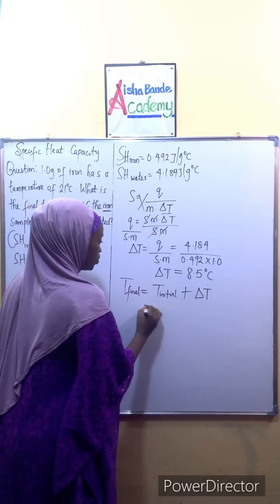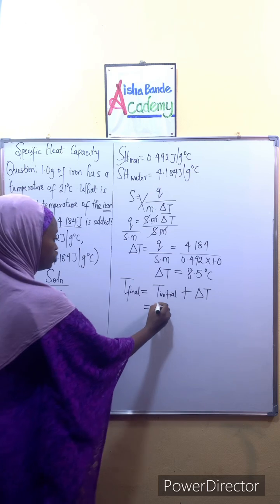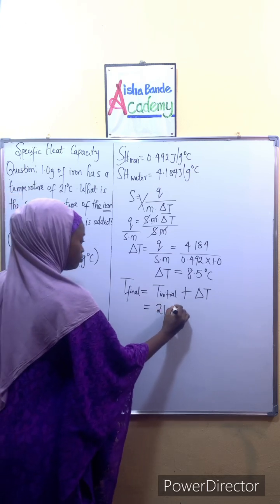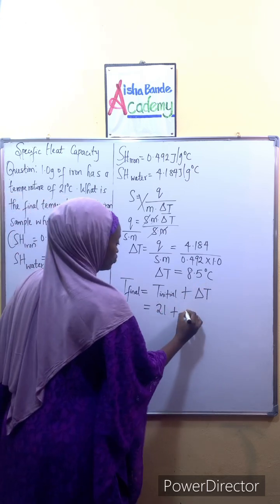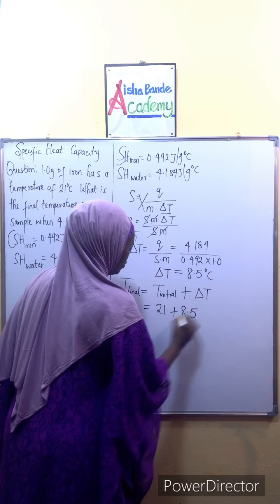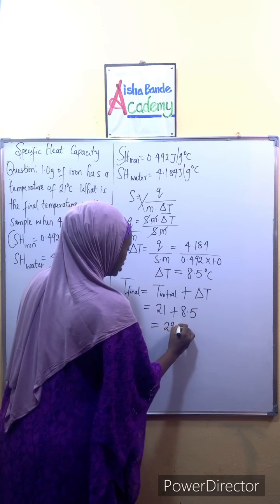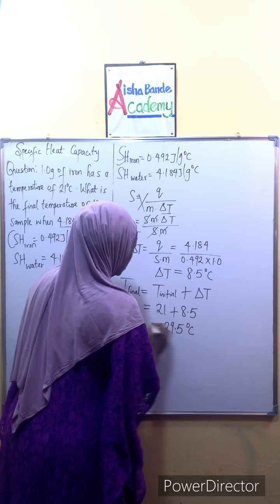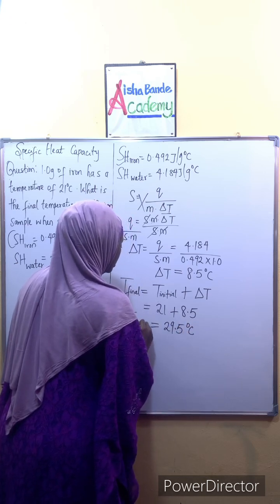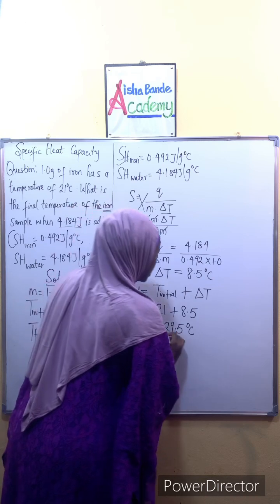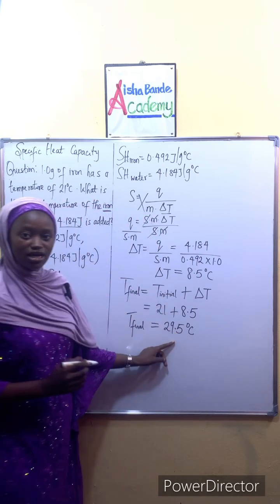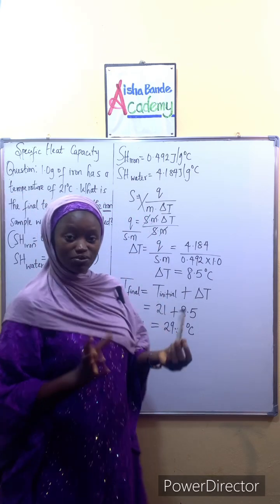So we have our initial temperature, which is 21, plus our change in T, which is 8.5. So when we add this together, we're going to have a value of 29.5 degrees Celsius as the final temperature. Okay, so this is our final answer. So this is just as simple as that.